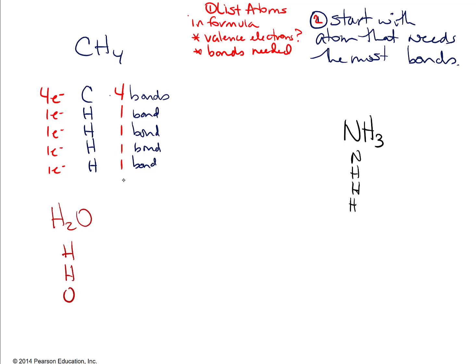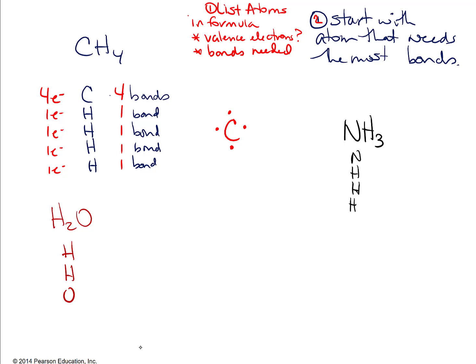So second step is you're going to start with the atom that needs the most bonds. So all you do is look through which one needs the most. Carbon. So I'm going to start off and put carbon first. Carbon's got 4 electrons. Sorry, that little dot's just my pen. It just always looks like an extra dot. All right, 4 valence electrons, and I split them out.